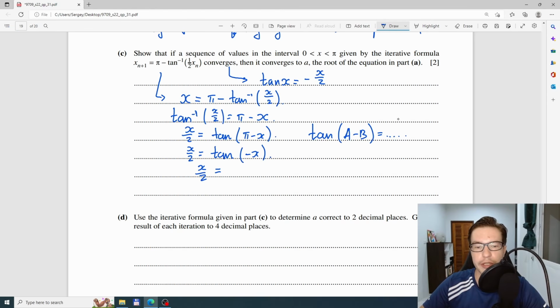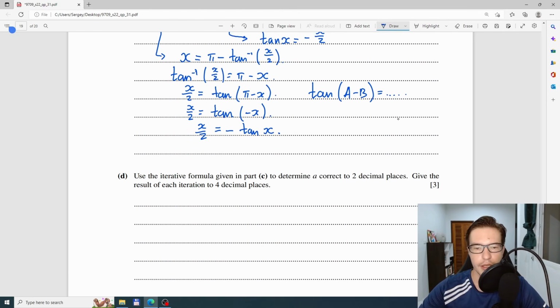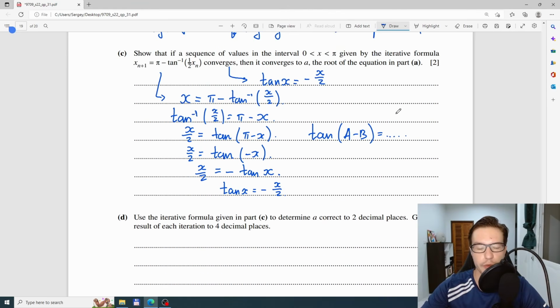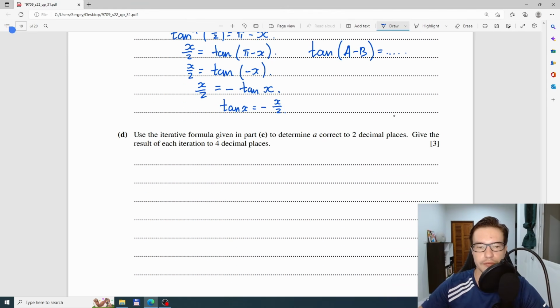And we also know that tangent of minus x will be equal to minus tan x. And then we can multiply both sides by minus 1, and we'll get tangent x equals minus x over 2, which is exactly what we had to show. Now let's move on to the next one.